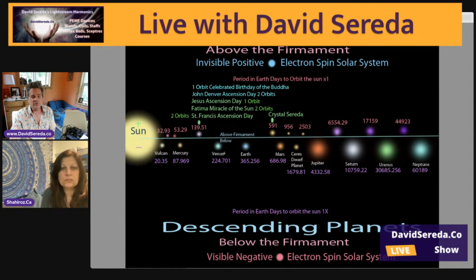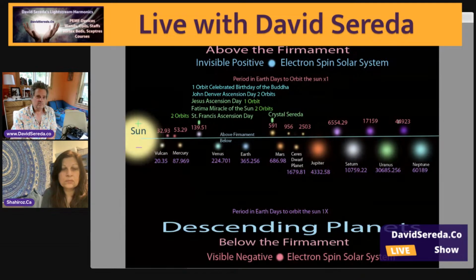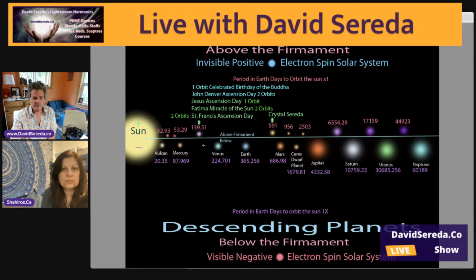Divided by the golden ratio again gave me Venus, and then divided by the golden ratio again gave me this mythical planet 139.51. Divided by the golden ratio again gave me Mercury, and so on. So that's how I was able to create this chart of 9 to 10 planets above what I'm calling the firmament and the 9 visible planets below.